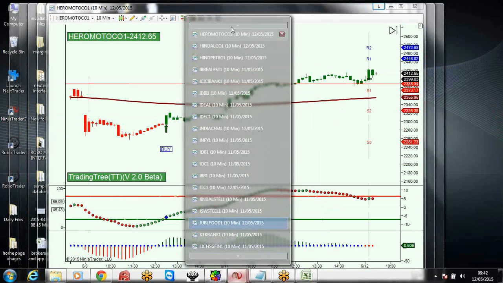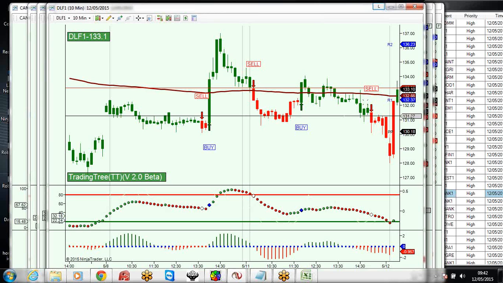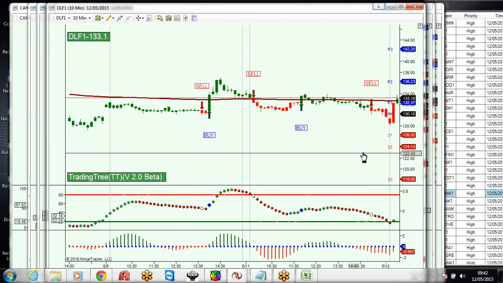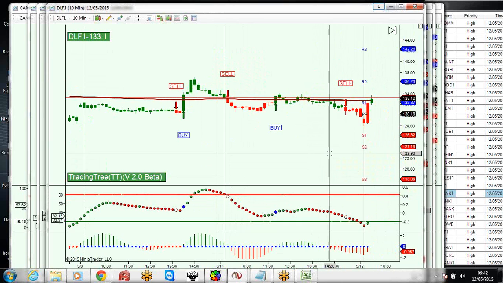DLF का मेरा एक शॉर्ट था, so this I think you should be getting a buy call on DLF.